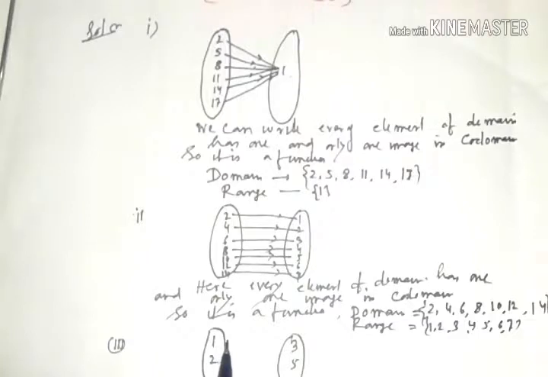Now 1 is related to 3, 1 is related to 5, 2 is related to 5. Here element 1 has 2 images in the codomain.